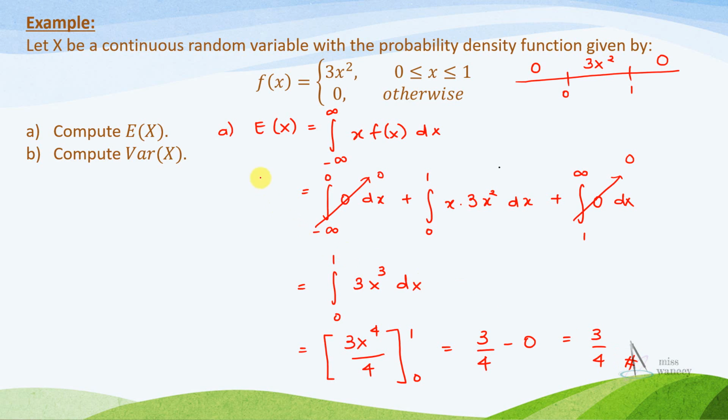To calculate the variance, the formula is the expectation of X squared minus the expectation of X, and then everything squared. I do have the value for the expectation of X, which I already obtained, but I don't have the expectation of X squared. So let us calculate that one first.